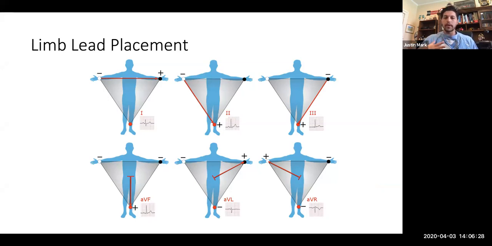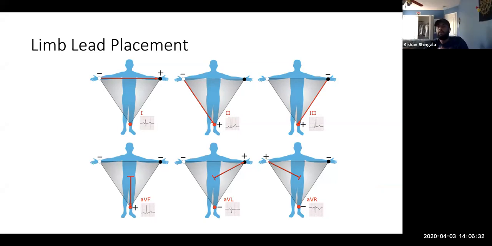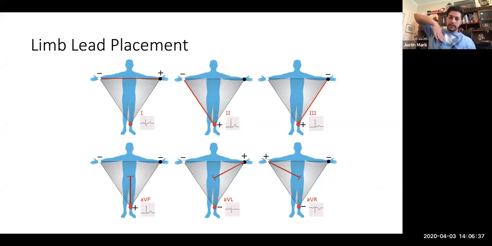So if you remember what I just said, that we're thinking of the positive electricity moving from right to left and basically slanted down into the left inferior border of the chest, then lead one should be positive because the depolarization is moving along that leftwards vector. Is everybody good with that?